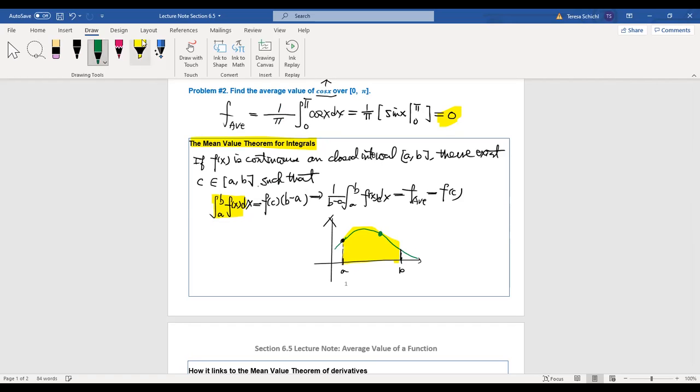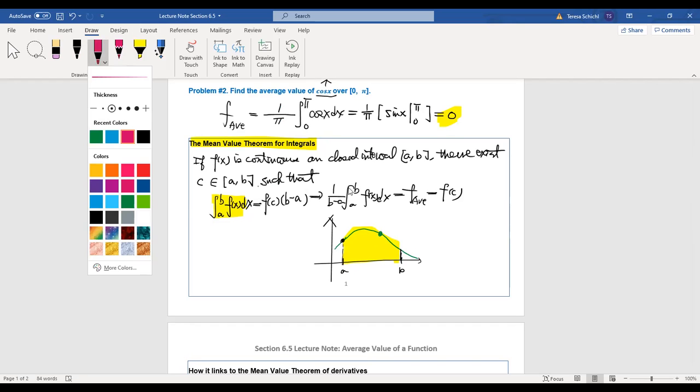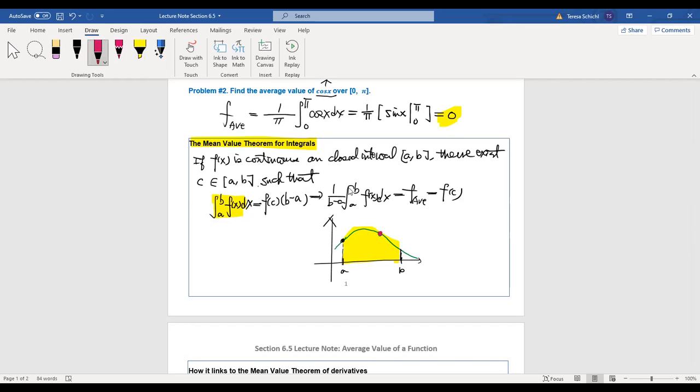Let me get a different color. So I can find a value in here, and this is what I call the C value. And of course, this distance is f of C.